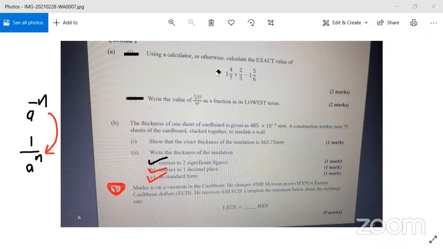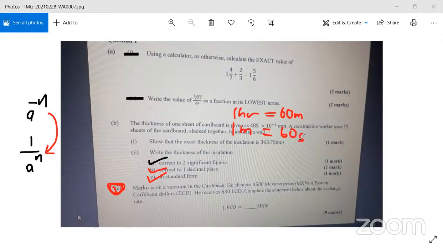Typically, when we're doing measurements, 1 hour is 60 minutes, and 1 minute is 60 seconds.